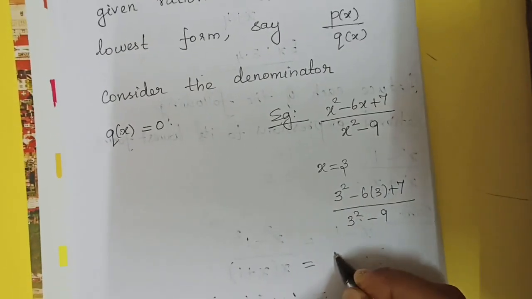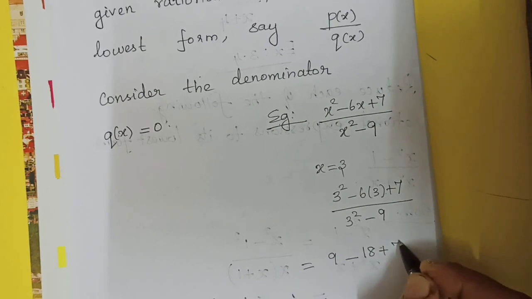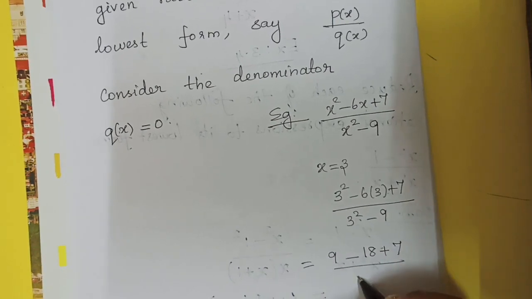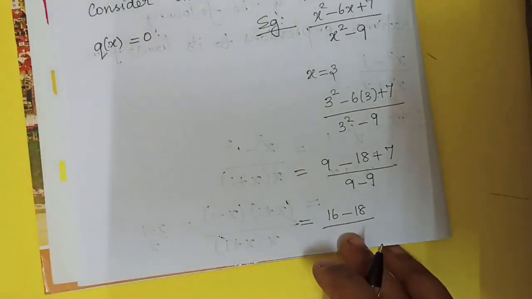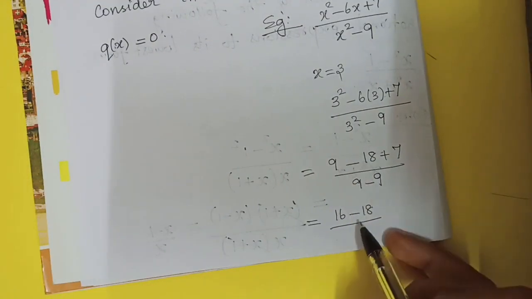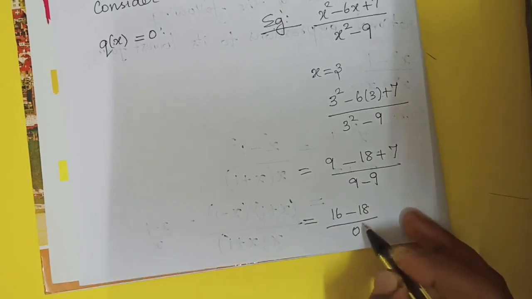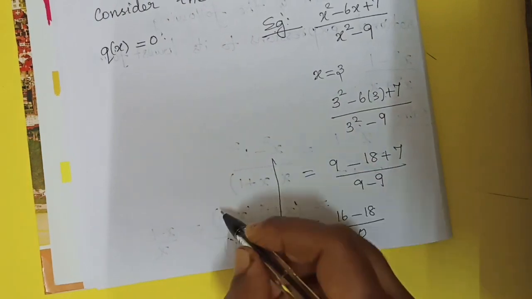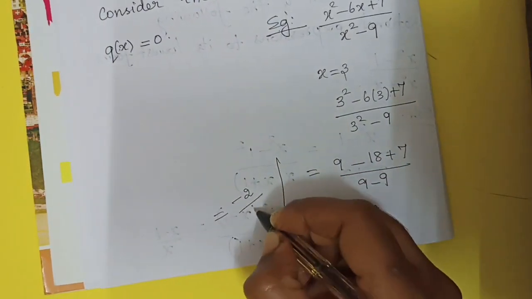So 9 minus 18 plus 7 divided by 9 minus 9. So here 9 plus 7, 16 minus 18 by 0. The value is becoming undefined. So 16 minus 18 minus 2 by 0.